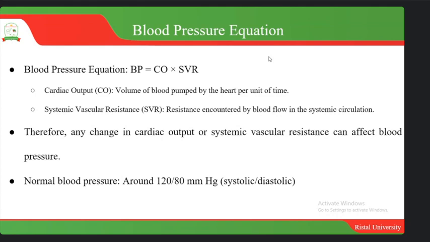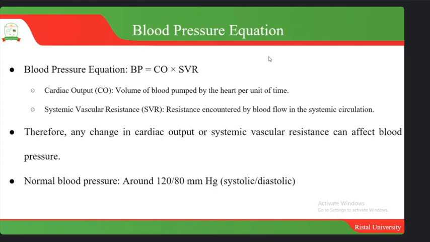Then if the blood that the heart pumps out is maybe too much, it will also affect it, because this blood will cause a lot of pressure through the blood vessels, and when it causes a lot of pressure through the blood vessels, it will also cause a lot of resistance, which will affect the entire systemic vascular resistance in our bodies. Hence, it will be affecting our blood pressure.